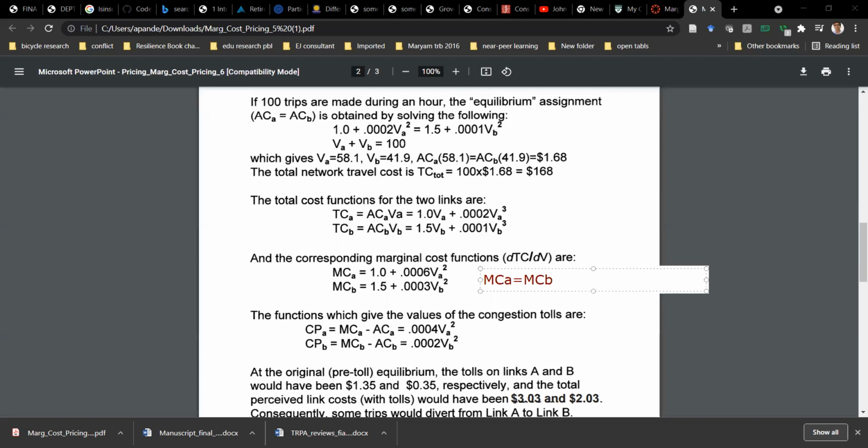So if you take VA plus VB equal to 100, that's your one equation. And then your other equation was 1 plus 0.006 VA squared equal to 1.5 plus 0.003 VB squared.